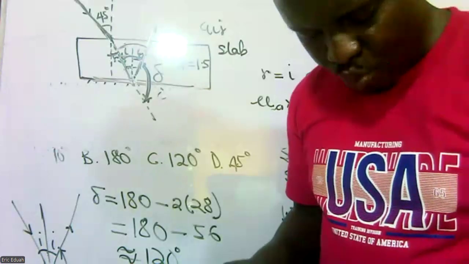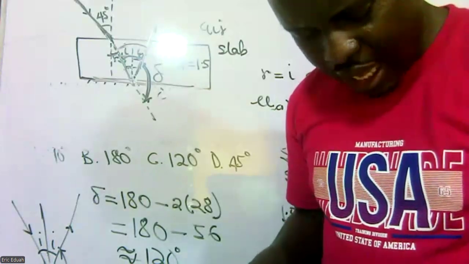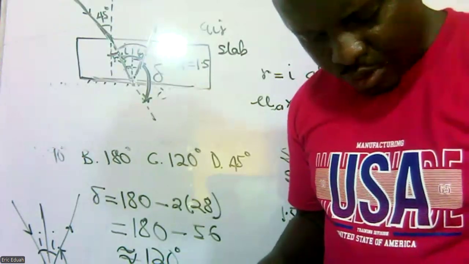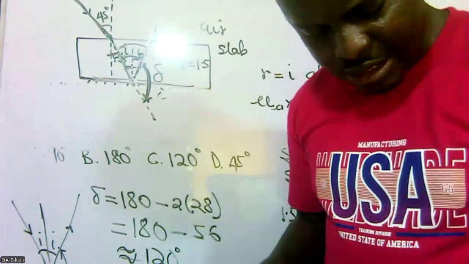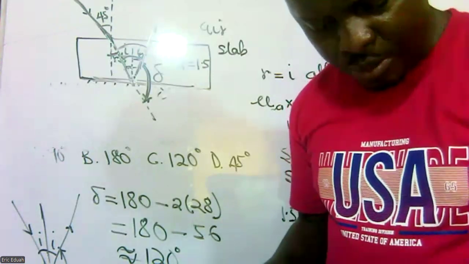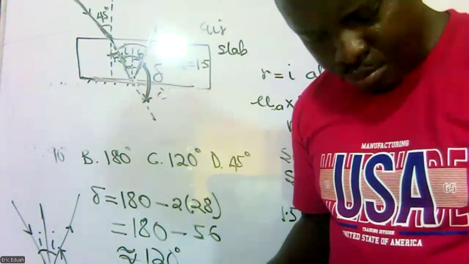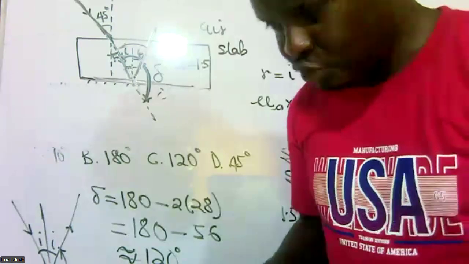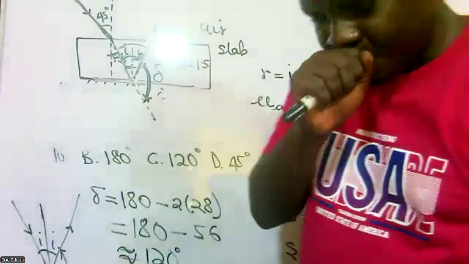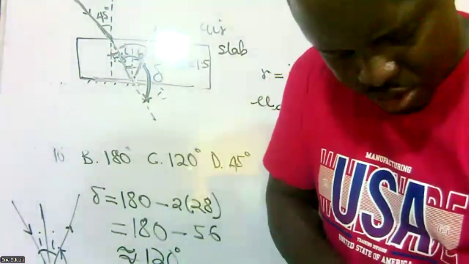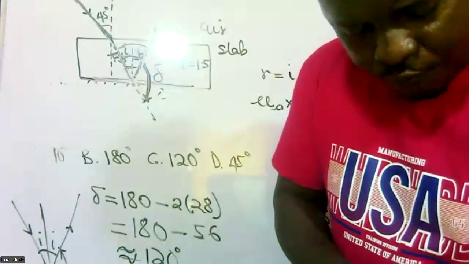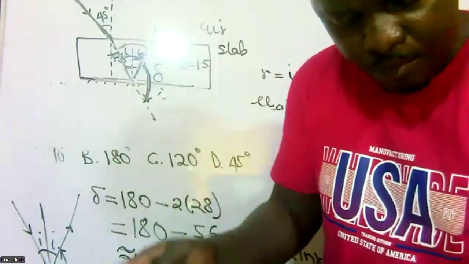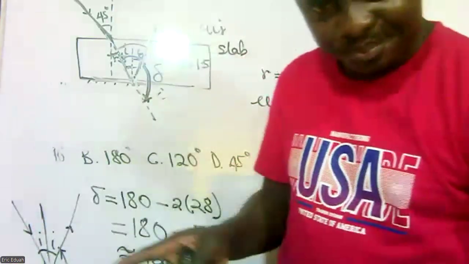Then B, what is the critical angle of incidence for light going from ice to air?